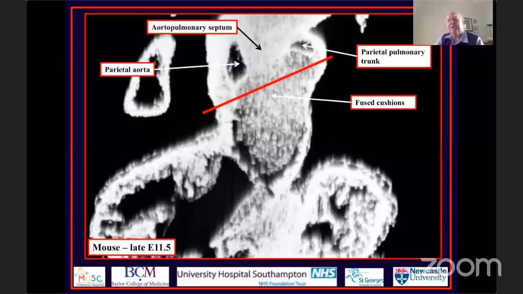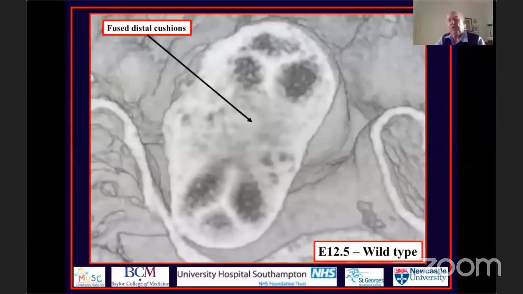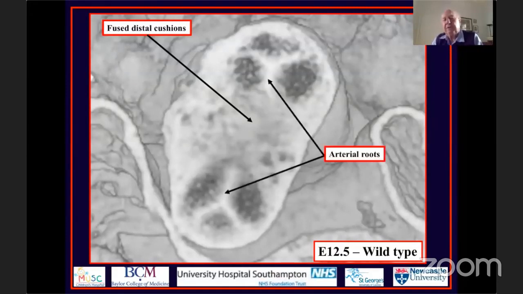And if we take a cross-section through the intermediate part of the outflow tract at this stage, we can then see very nicely that it is the fusion of the distal part of the cushions that has separated this intermediate part of the outflow tract that is retaining its pericardial covering into the developing aortic and pulmonary roots.